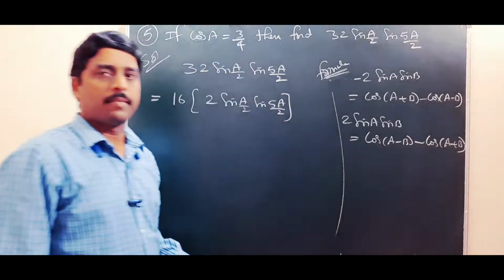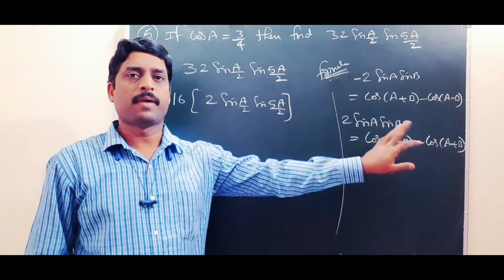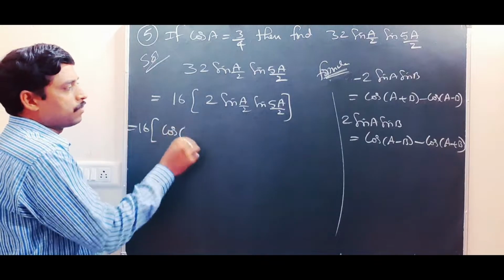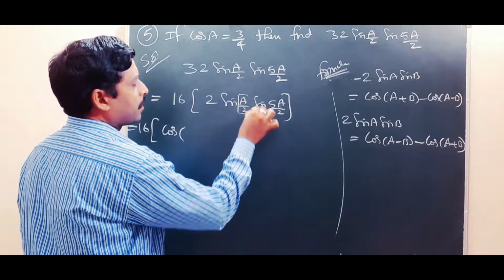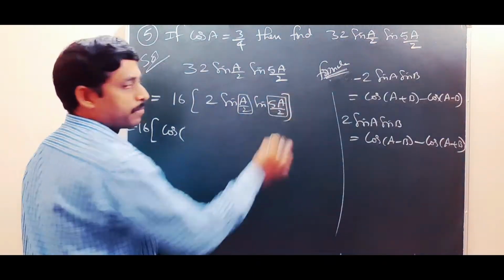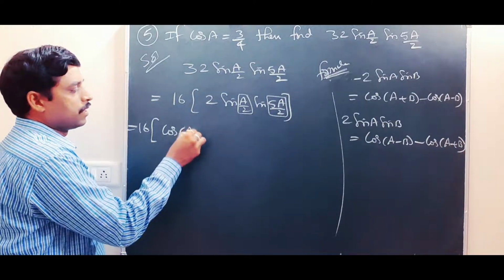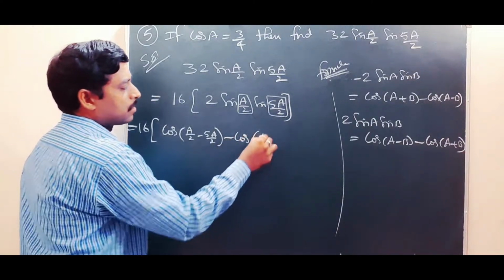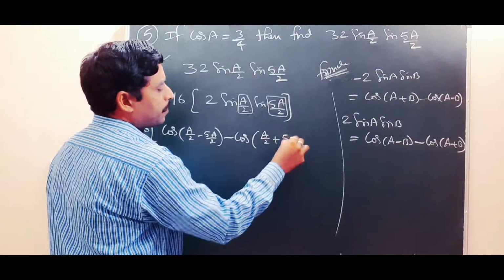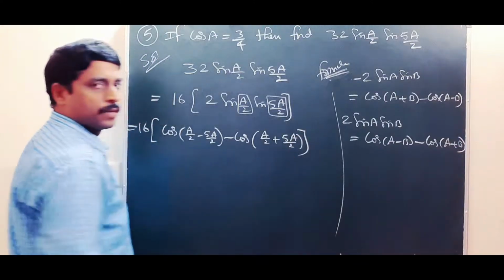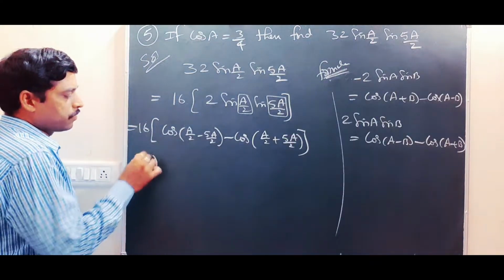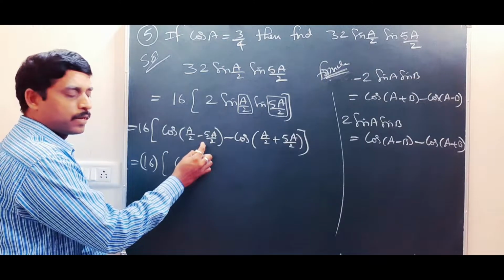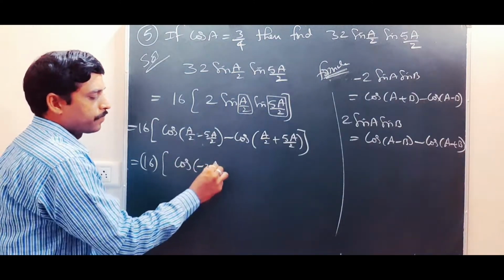So 16 times cos A minus B, where A is A by 2 and B is 5A by 2: cos A by 2 minus 5A by 2 minus cos A by 2 plus 5A by 2. It is going to be 16 times cos of A by 2 minus 5A by 2, which is minus 4A by 2, minus 2A.